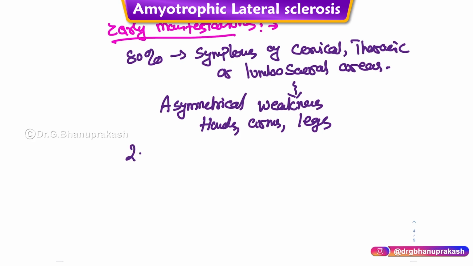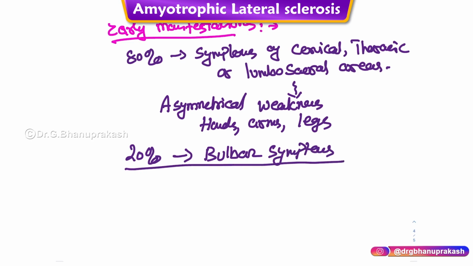So what about the other 20% of the patients? In only 20% of the cases, early symptoms will be bulbar symptoms, known as bulbar onset ALS.